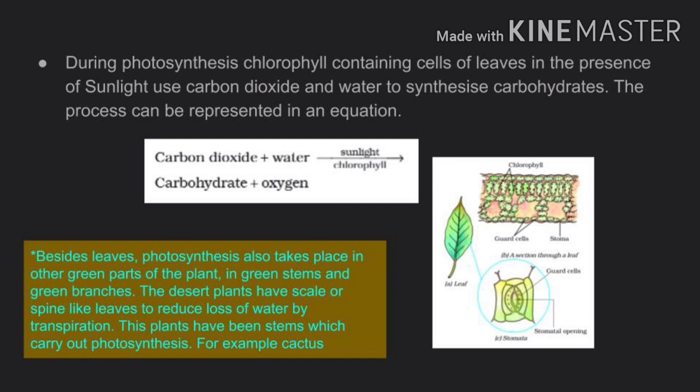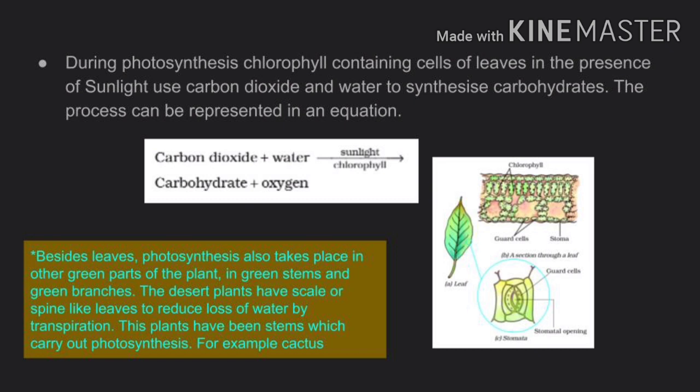Okay, now you can see a diagram which is showing a section through a leaf. It's showing how guard cells are surrounding the stoma. Stoma, don't be confused, is the singular word for stomata. When there are a lot of stoma present, we call it stomata.